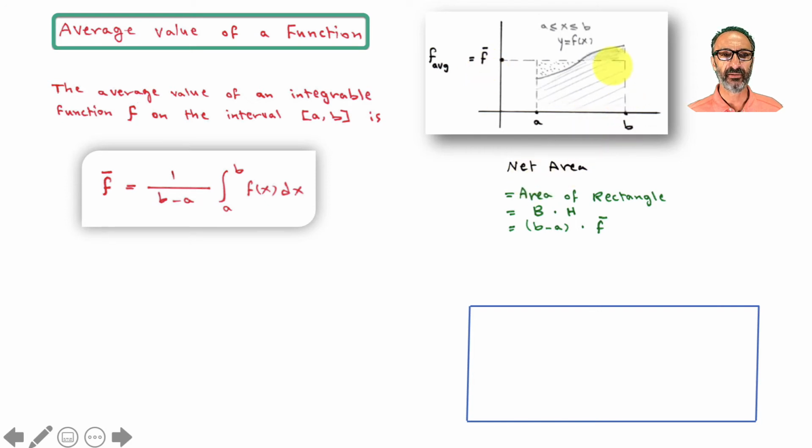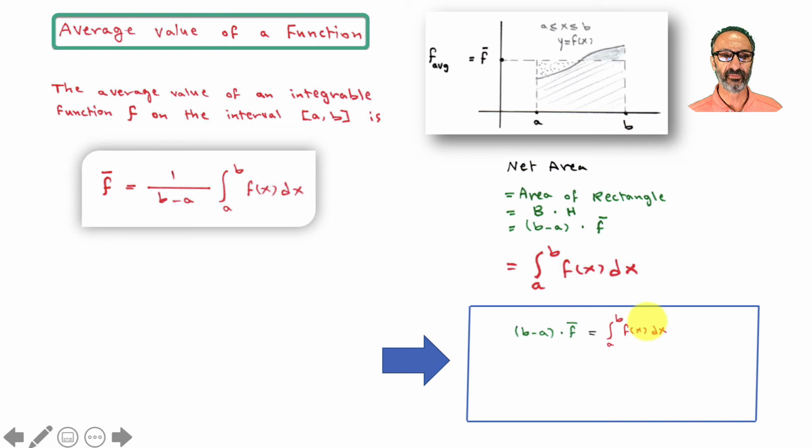Let's look at the rectangle. Area of a rectangle is base times height. The base is b minus a, and the height we called f average. So far so good. Base times height. But the net area is the integral from a to b of f of x dx, meaning I could make the connection: the area of the rectangle is equal to the net area under the curve.